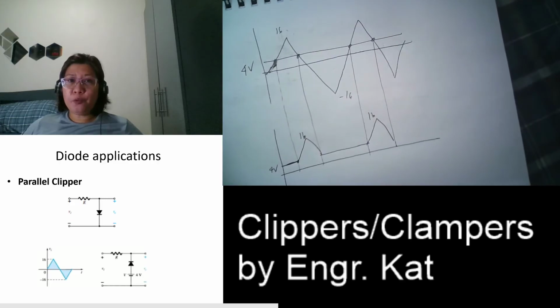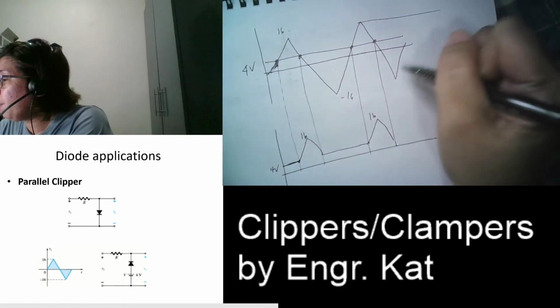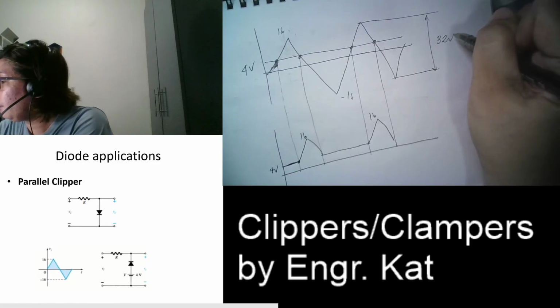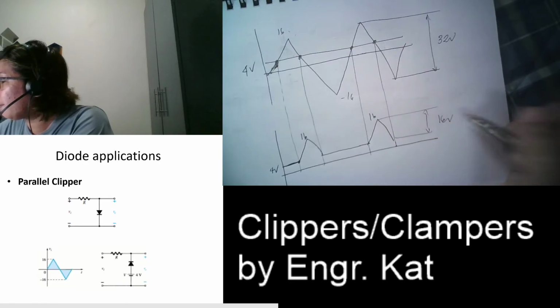So we remove a portion of the negative half and some of the positive half. This is still considered a negative clipper because the majority of the waveform that we remove is from the negative half. As you can see, the peak to peak voltage here is 32, while in this case it is only 16 volts.